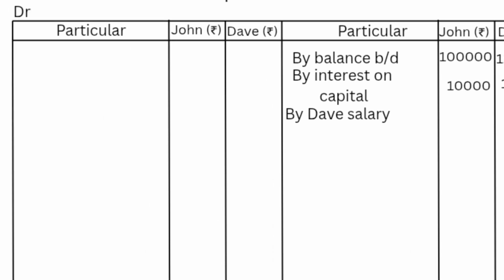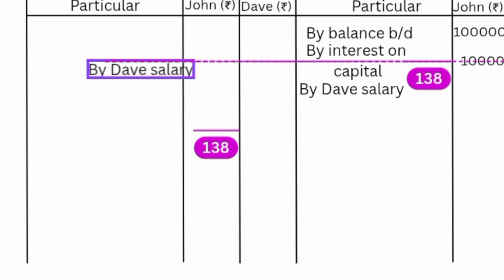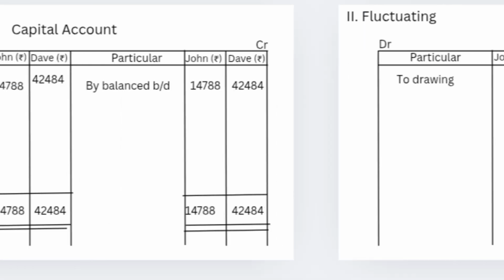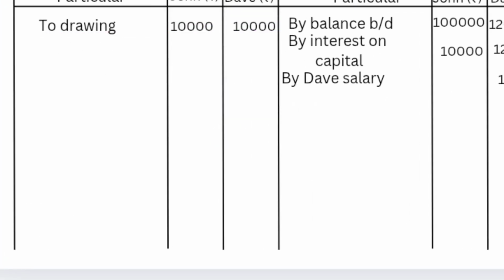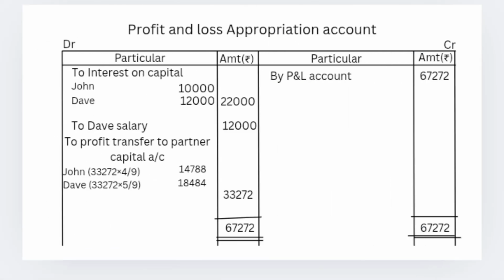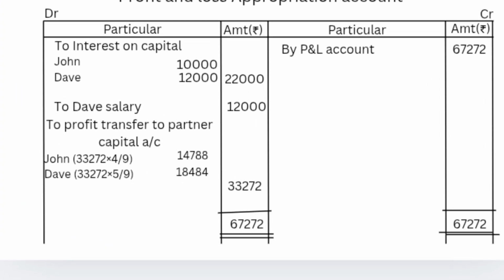Now we'll move to the debit side, which is the drawing. The amount for drawing is 10,000 each. And the last one is the profit and loss appropriation account, which is 14,788 and 18,484.